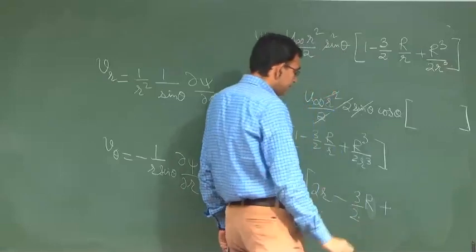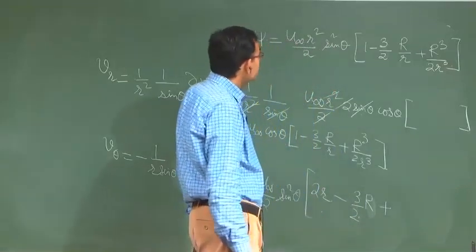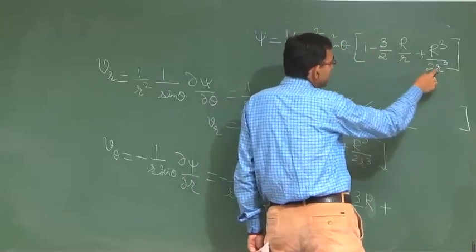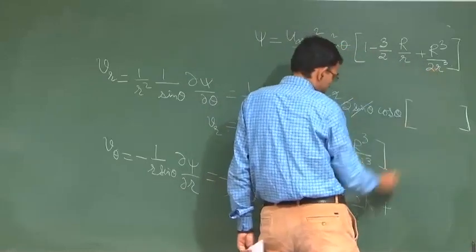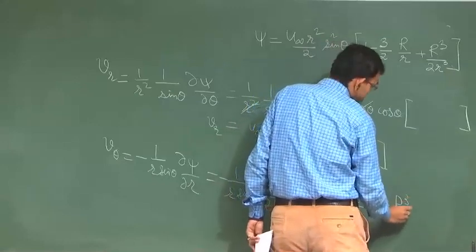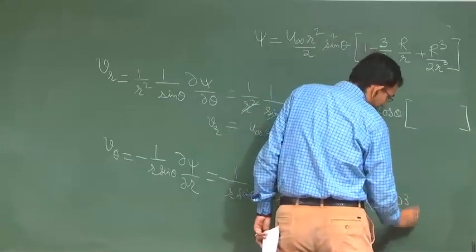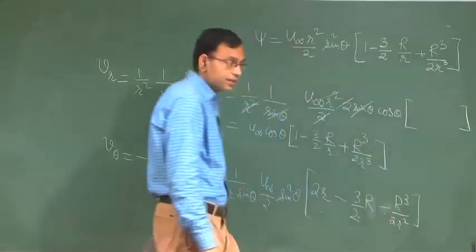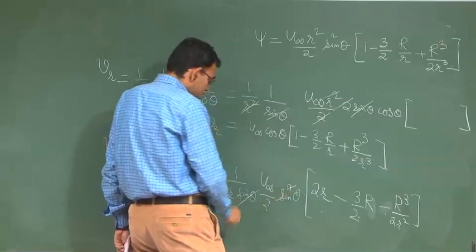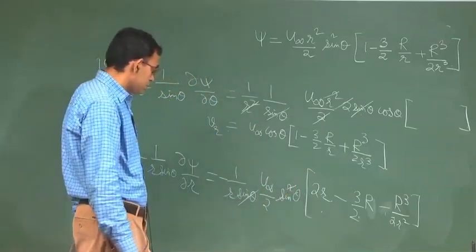So this is all right, plus, so there will be minus here, 1 by r will become 1 by r square. So minus r cube by 2 r square, right. So you will have these cancelled.